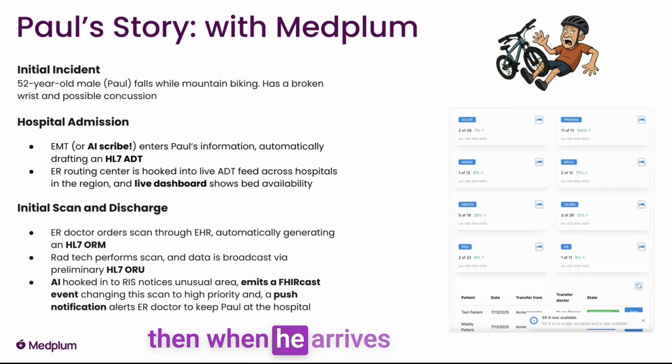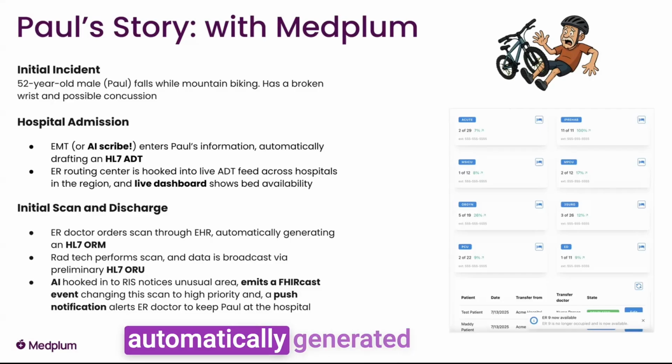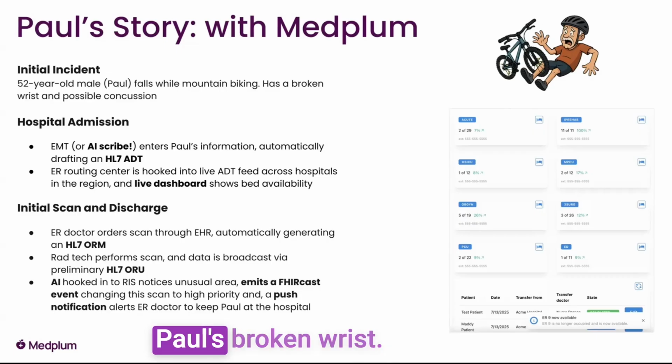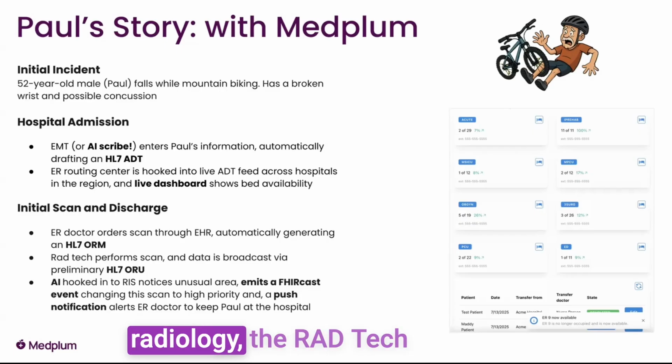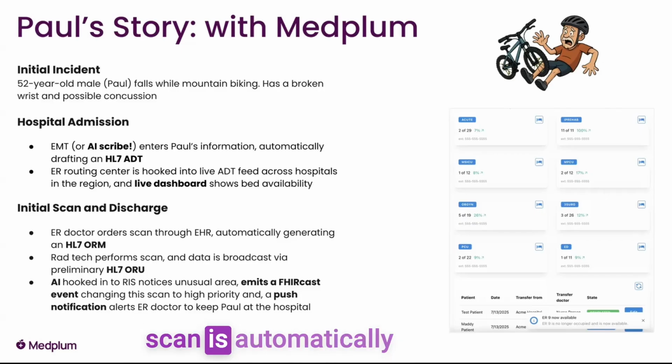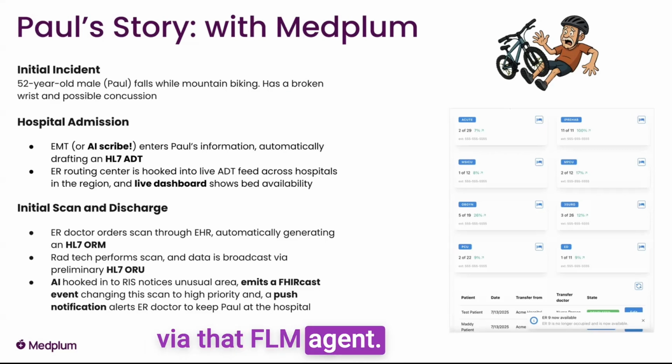And then when he arrives in the ER, another HL7 message is automatically generated, ordering the scan for Paul's broken wrist. Finally, when Paul gets to radiology, the rad tech performs the scan, and the scan is automatically broadcast via another HL7 message via that Medplum agent.